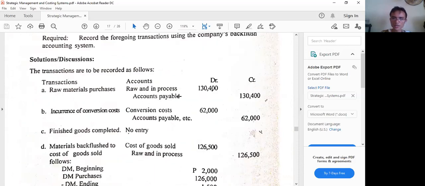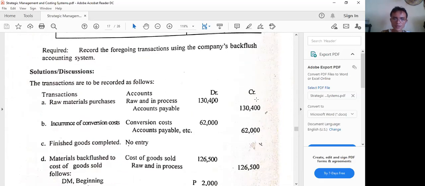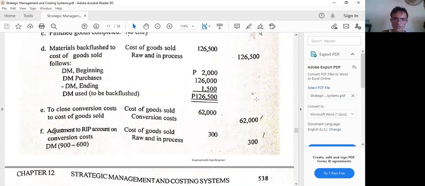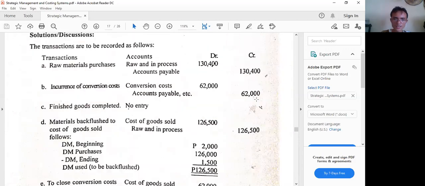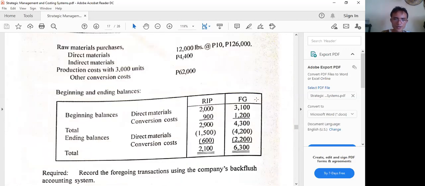We have to use the raw and in-process account. So we don't use just the raw materials purchases given; we have to compute the raw and in-process. Hopefully it's discussed somewhere.